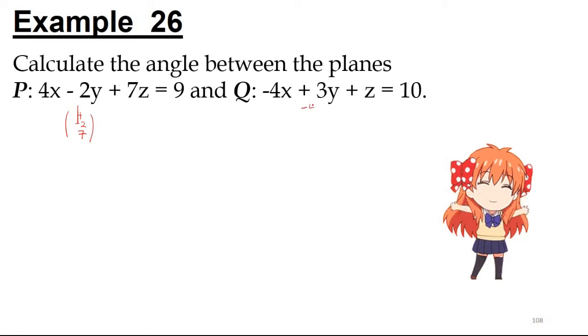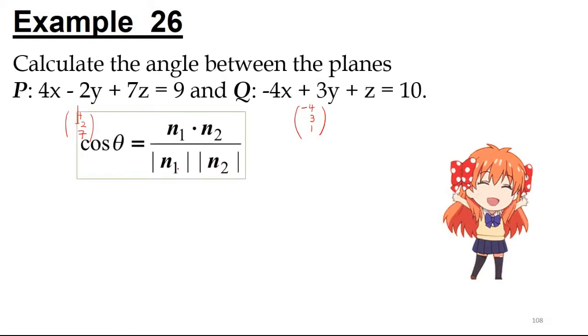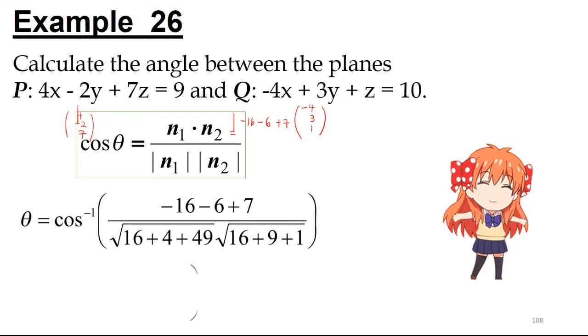Normal Q is (negative 4, 3, 1). For the dot product, we get 4 times negative 4, so negative 16, minus 6, and then plus 7. So we will get negative 15.